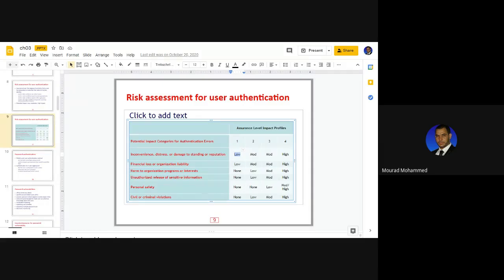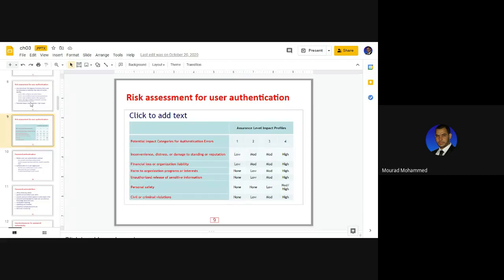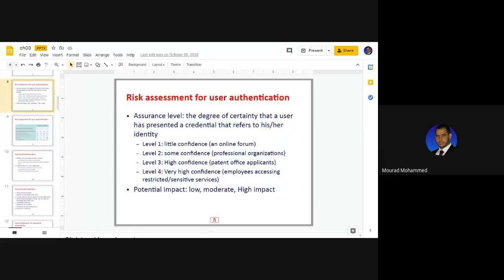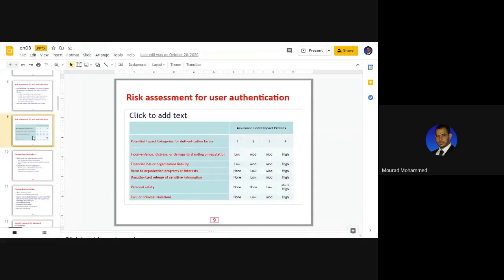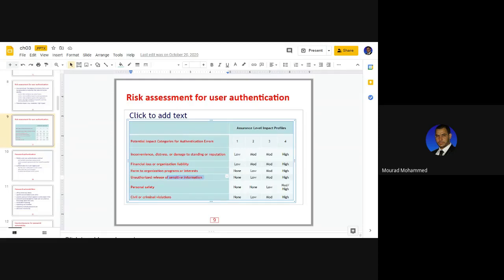We do not have to block that. But when we talk about pharmaceutical or medicinal activities, everything is very sensitive, so it has to be high. This has to be available, whatever.